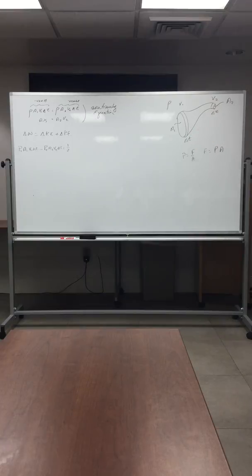Okay. So if you look at a cylinder, the volume of a cylinder is going to be the height times the area, right? And the mass in that cylinder is going to be the density times the volume, okay?